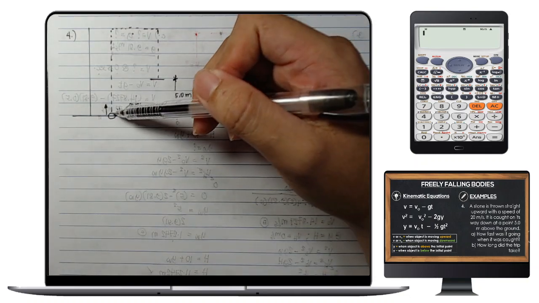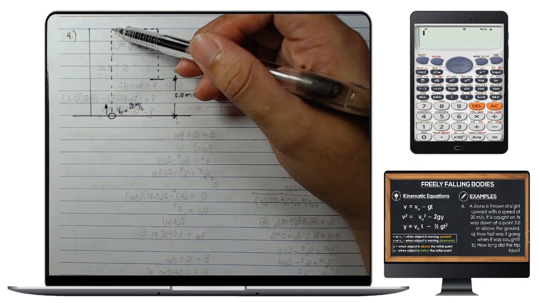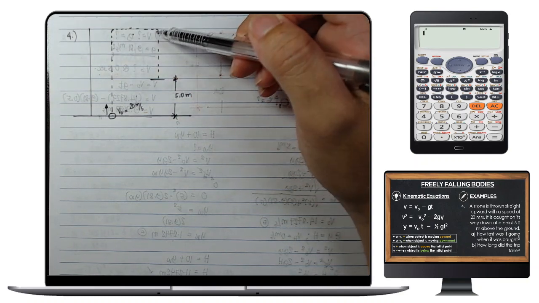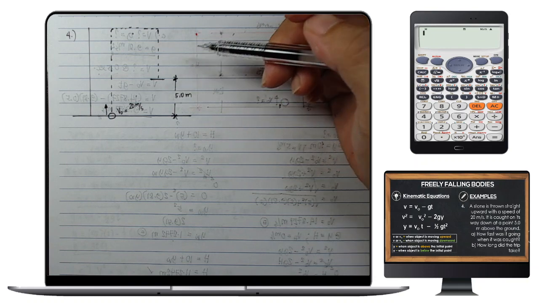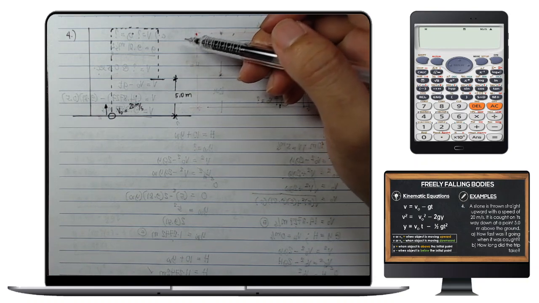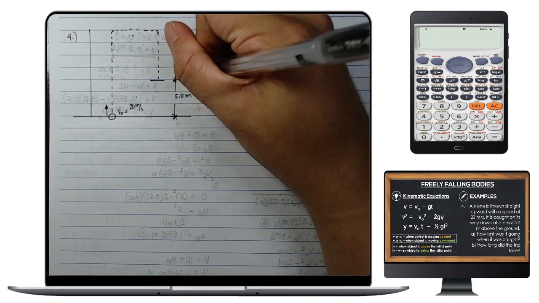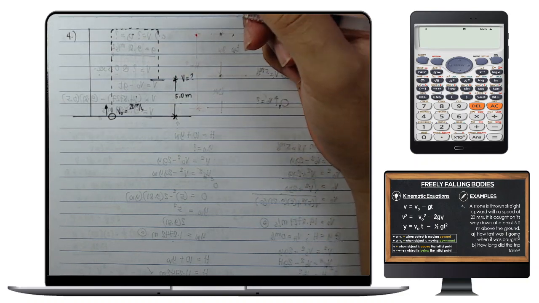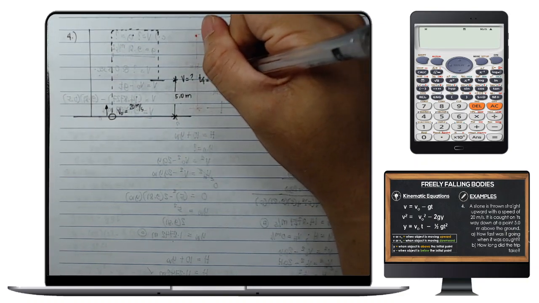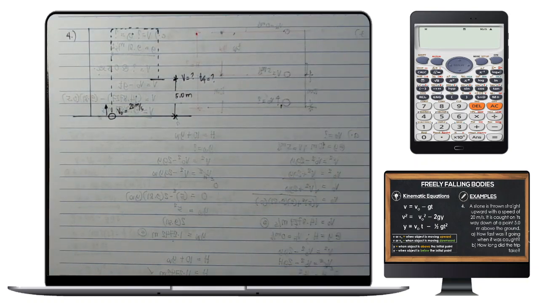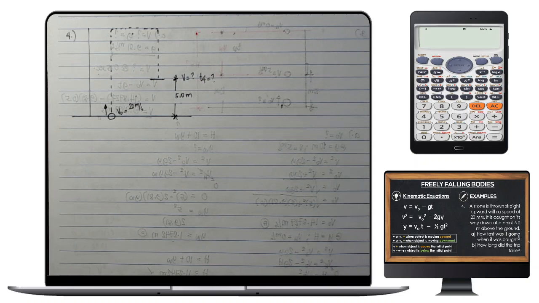Meron tayong stone sa ground, thrown upward until the maximum height. Then, from the maximum height pababa, it is caught 5 meters above the ground. So, how fast was it going? So, yung velocity dito when it is caught. And yung tinatanong sa atin is the total time of flight. Okay?